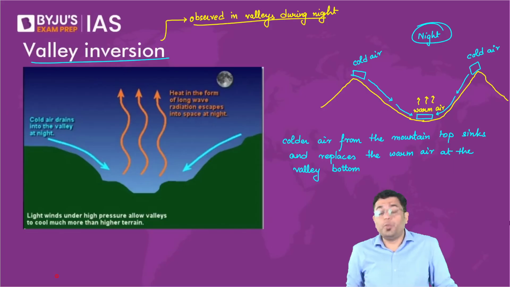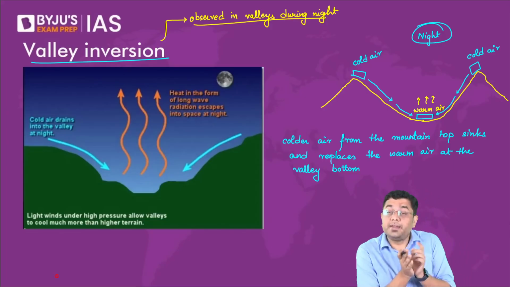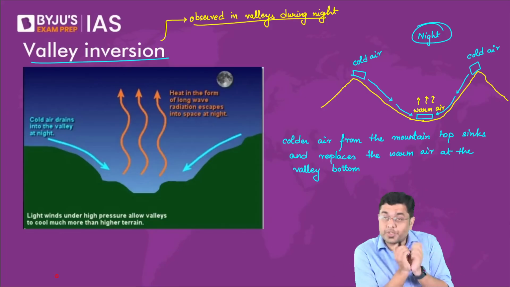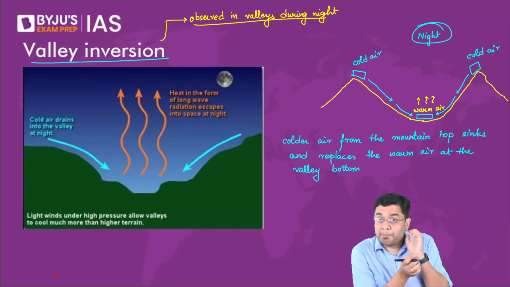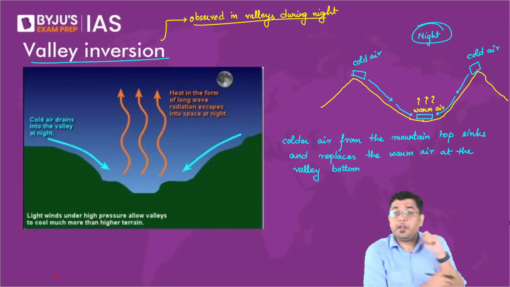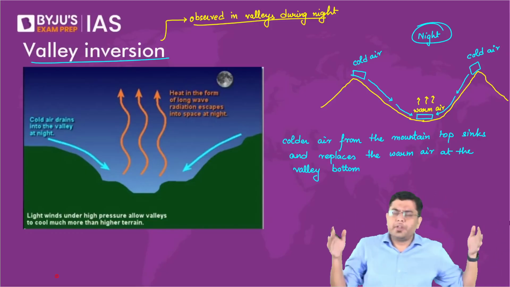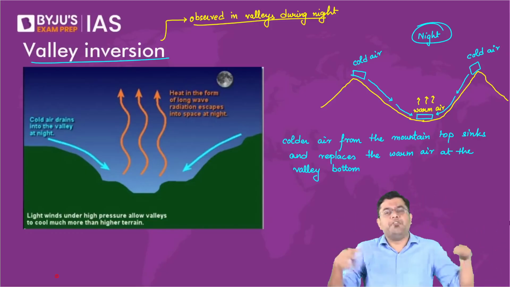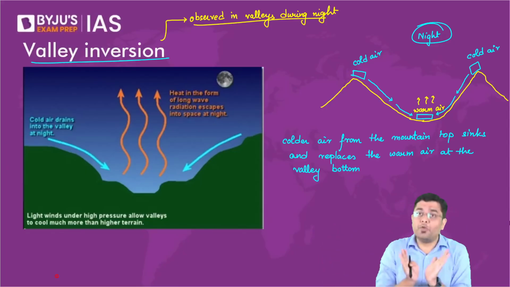That is the reason why in very narrow and closed valleys, it is never suggested to stay at the valley bottom during the night, because the temperature will get very, very low very suddenly. We are not talking about very large valleys where in the valley bottom you can have various cities, etc. No, we are talking about small, narrow valleys.